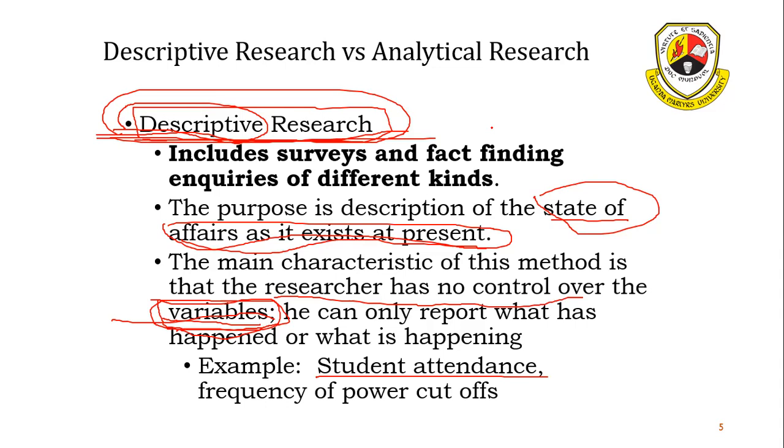So maybe at the end of my study, I will say the physical or virtual attendance is 50%. In terms of time, maybe only 60% are there on time. Let's say within the first 15 minutes or the first 10 minutes, only 60%.